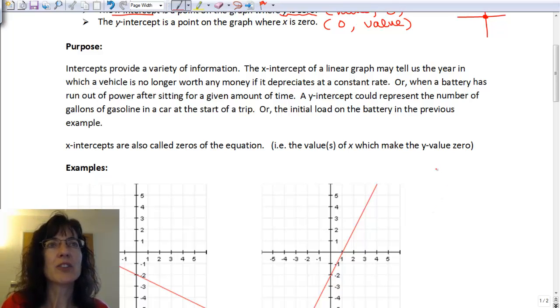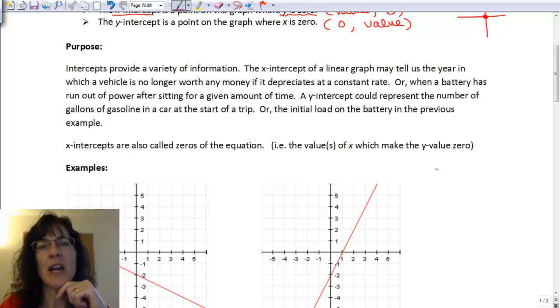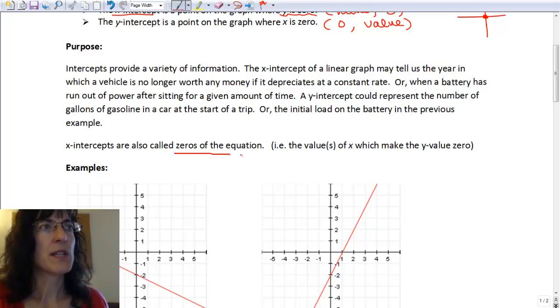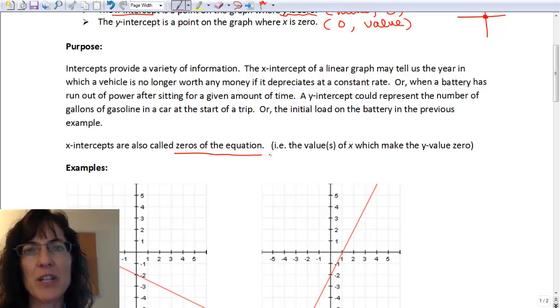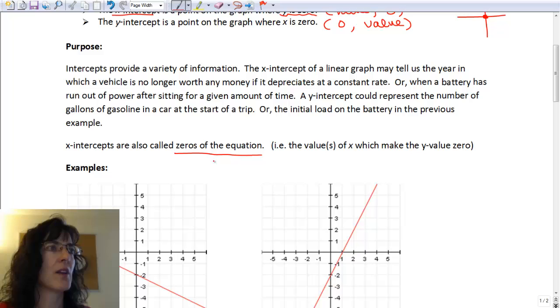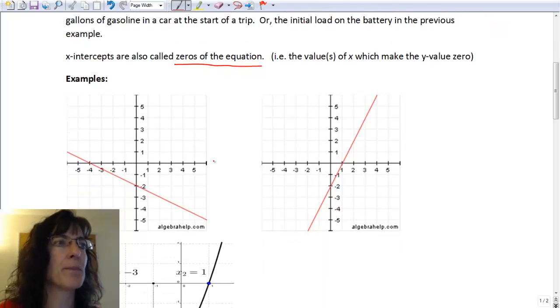A y-intercept could say the number of gallons of gas at the start of a trip, or the initial load on a battery in the previous example. So x-intercepts are also called zeros, or zeros of the equation, and that's because they are the values of x that make the y 0. We're looking for those usually.